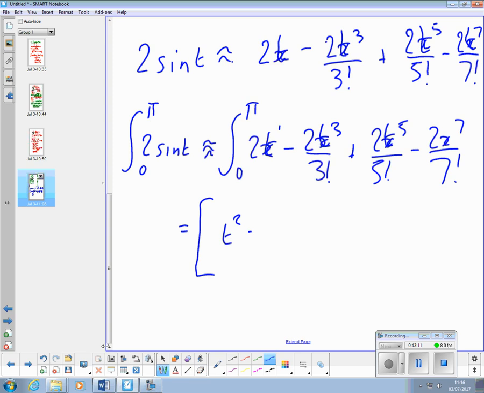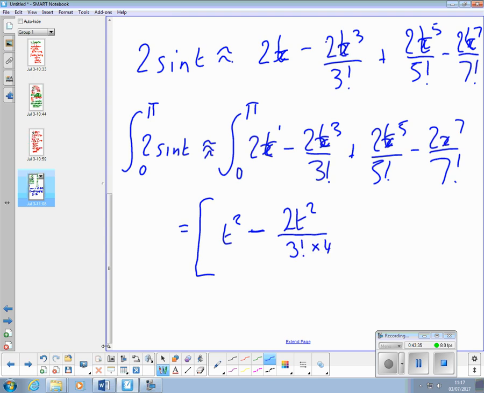Minus, integrate this: that's t to the 4, so that's 2t to the 4 over 3 factorial times 4.